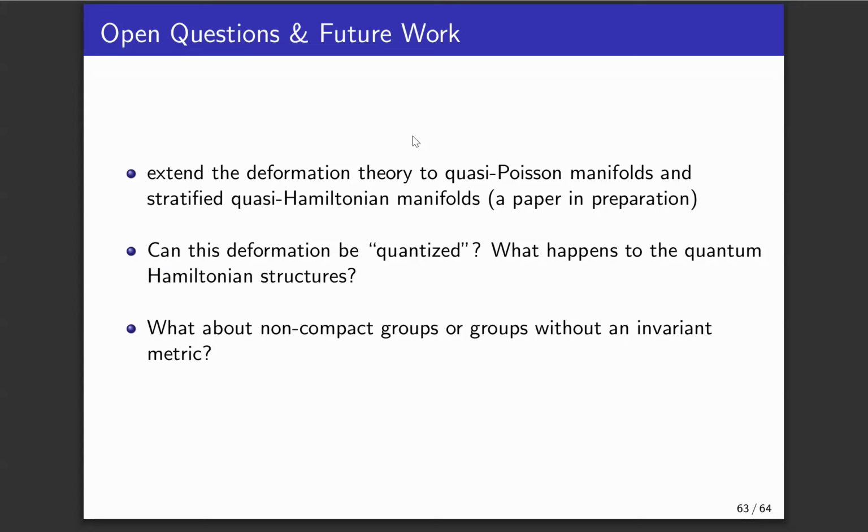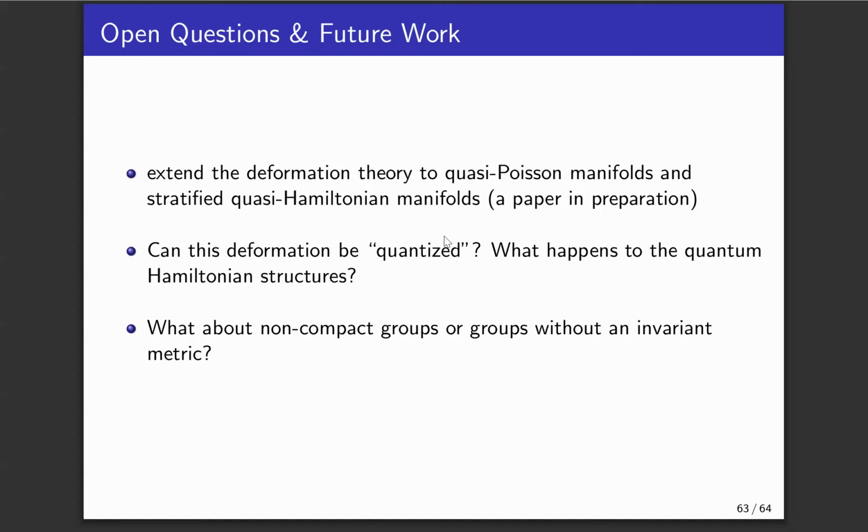Okay, and I already found some examples of quasi-Poisson manifolds that deform to Poisson manifolds. For example, if we take a Lie group G, it's also a Hamiltonian quasi-Poisson manifold, and we can deform this structure to get the linear Poisson structure on the dual of the Lie algebra of the Lie group itself.